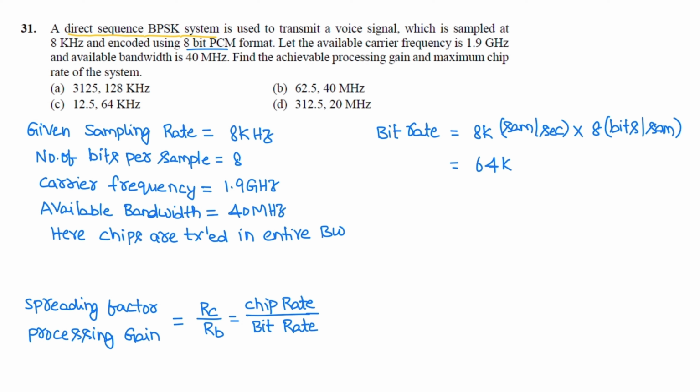The bandwidth of a BPSK system is 2 times the bit rate RB.